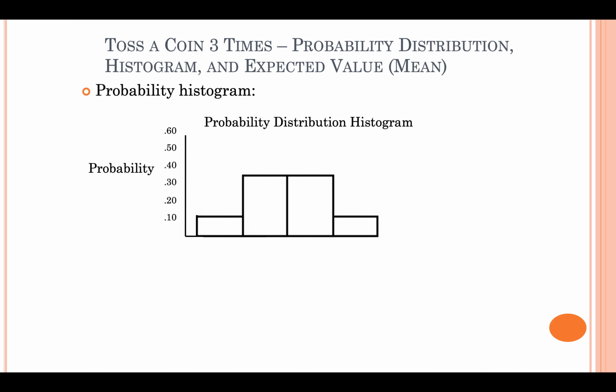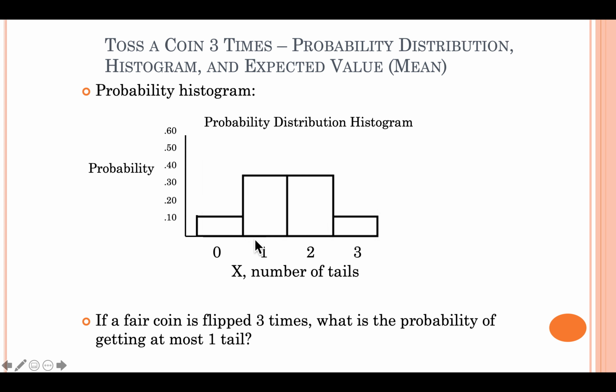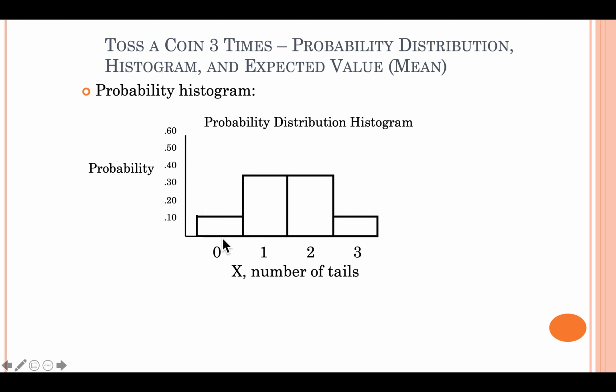I labeled the vertical axis from 0.10 to 0.60. So 0.125 would be approximately right here, and 0.375 is approximately right here. We label the values of x in the center of each histogram bar, and the height of each bar is that probability.